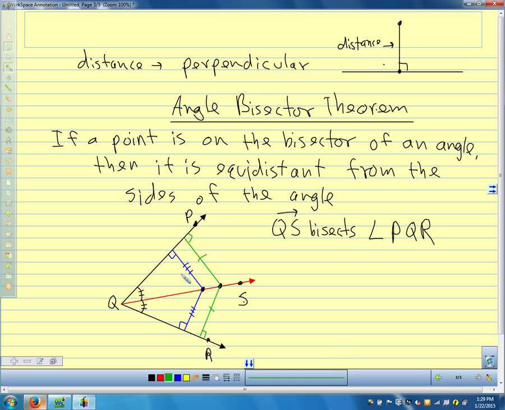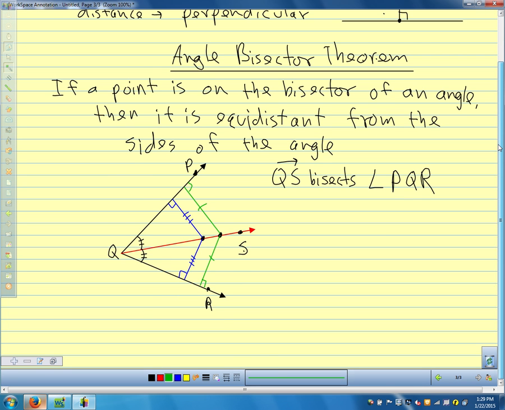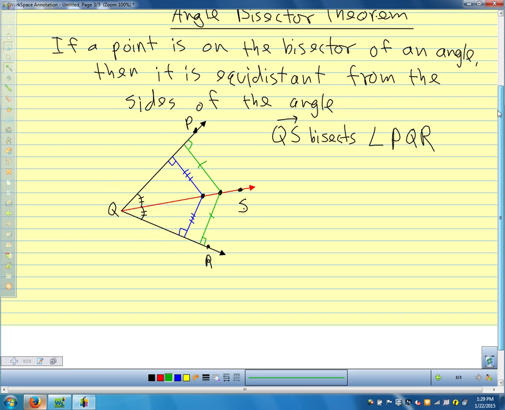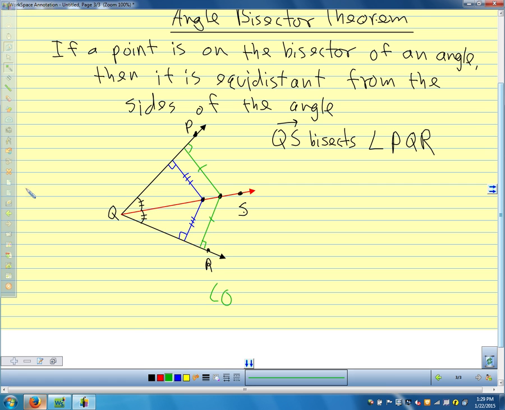All right, questions about what this tells us? The converse of this is also true. So let's write the converse, and then we'll do an example with an angle bisector, and then we will be done. Converse, what do we do to make our converse? Reverse it, switch it around. So we're going to say, if a point is, how are we going to turn this around?